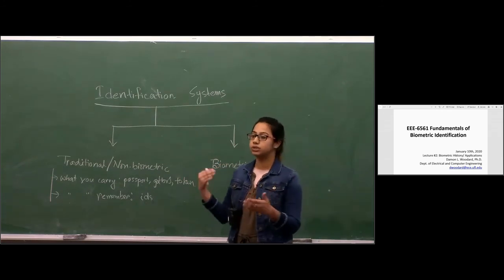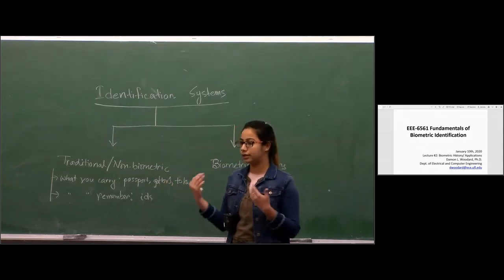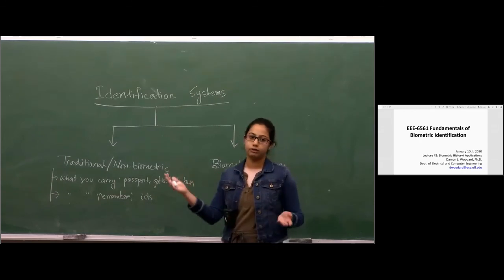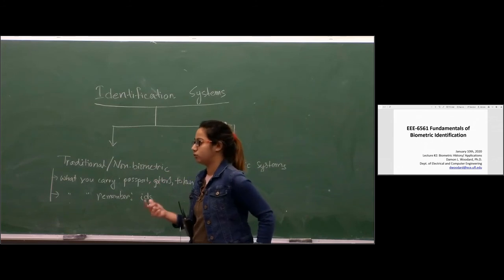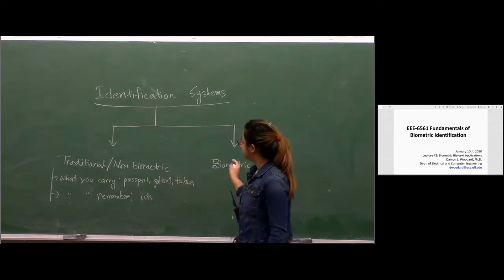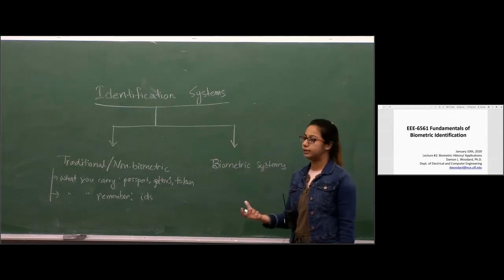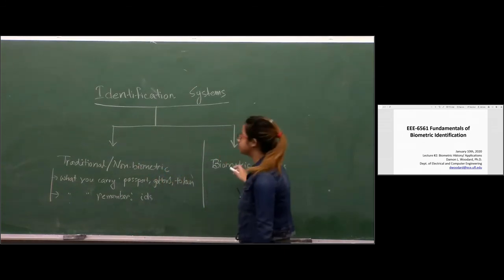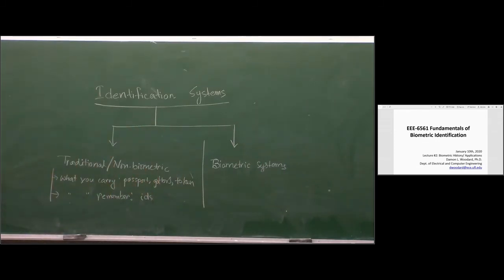This is something which is coming from inside of me, like it's some biological property which is already carried by me wherever I go. This is not something where I am putting some extra effort to carry the information. But in traditional or non-biometric systems, you have to make that effort to either carry it with you or memorize it. So if you compare these two systems, you will see lots of advantages and disadvantages.